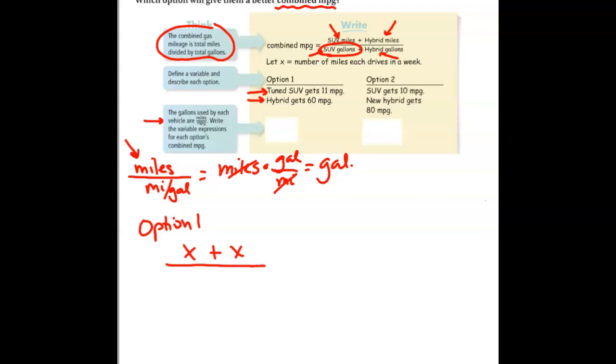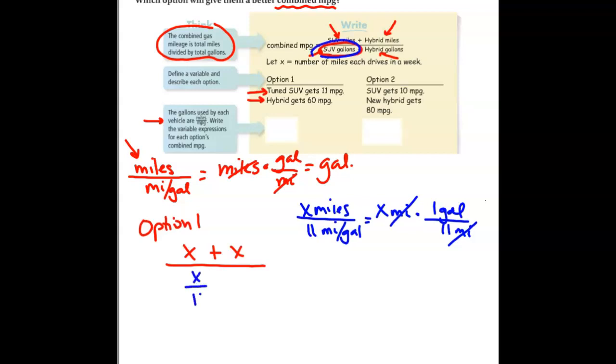The SUV gets 11 miles per gallon, so we're taking X miles and dividing by 11 miles per gallon, which means we're really taking X miles times 1 gallon for every 11 miles. Our miles will drop out and we get X divided by 11.